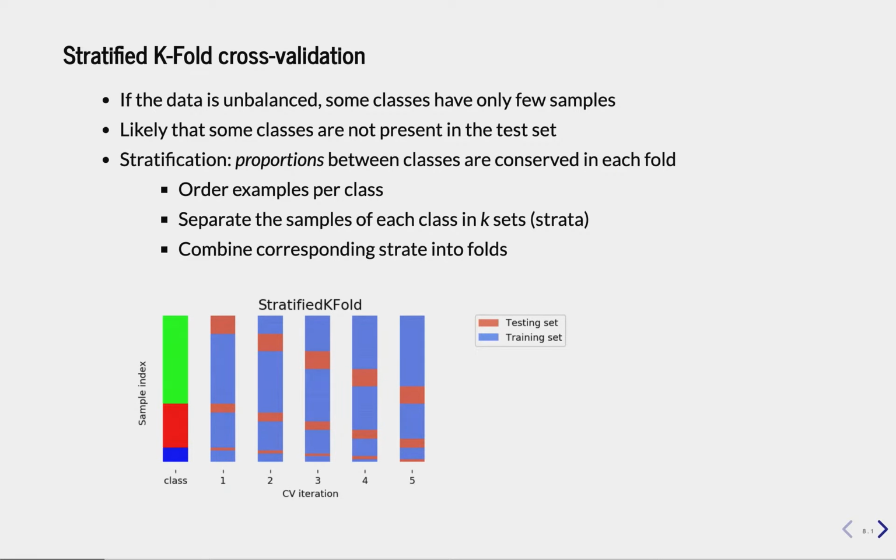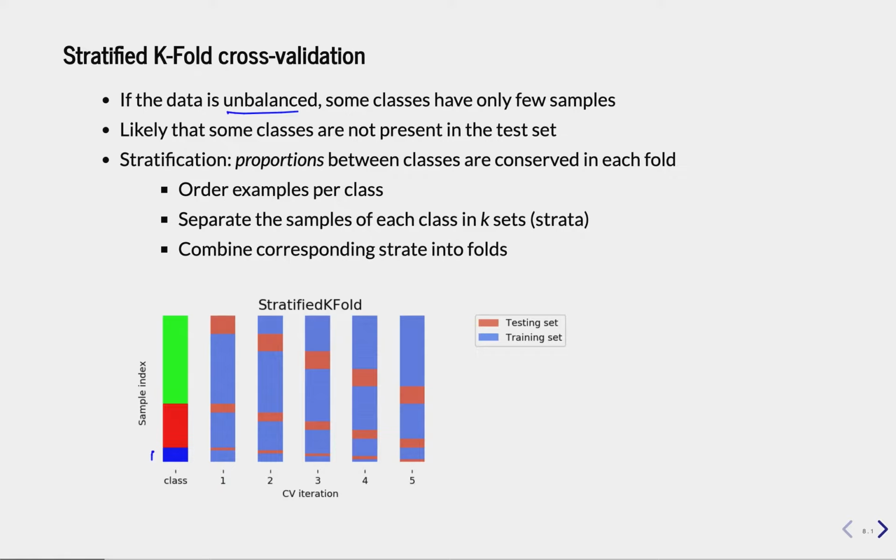One common problem is that your data can be imbalanced. Right? For instance, here we have only a few examples of the blue class. Now, if you're not careful, it's possible that all of these examples are either all in the training set or all in the test set. Right? Both are very bad because you will never evaluate your model on how well it does in predicting the blue class.